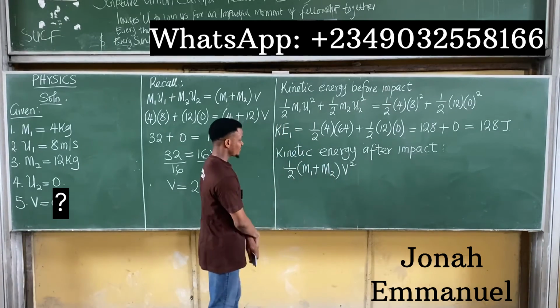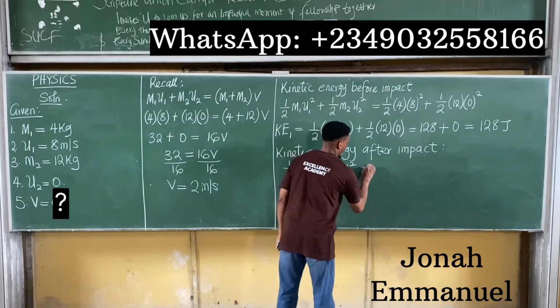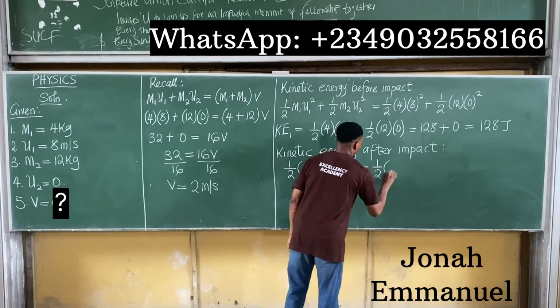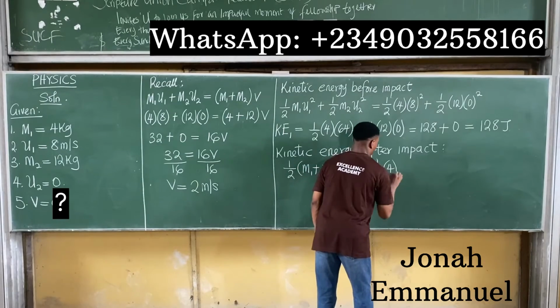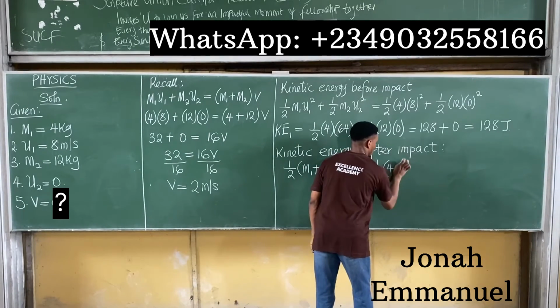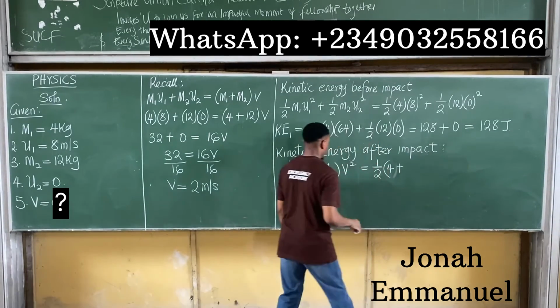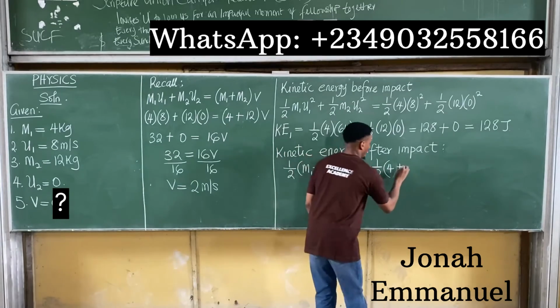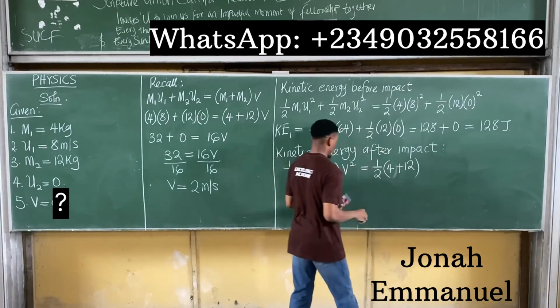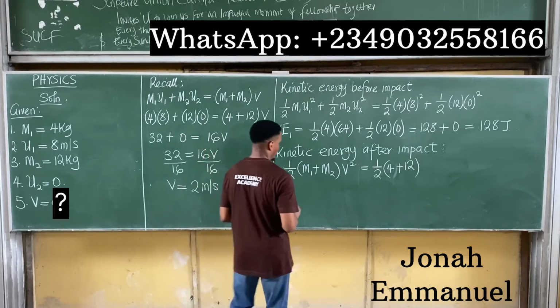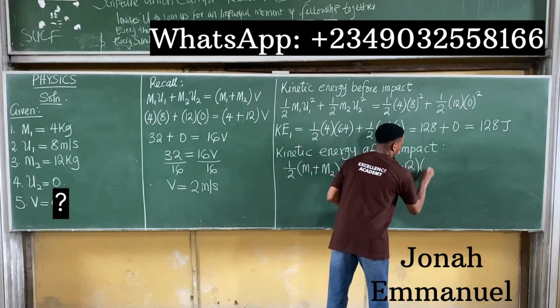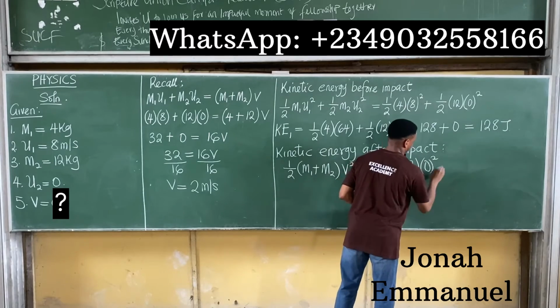Inputting values, this is equal to half into (4 kilograms plus 12 kilograms) into V squared, V is 0, so 0 squared.